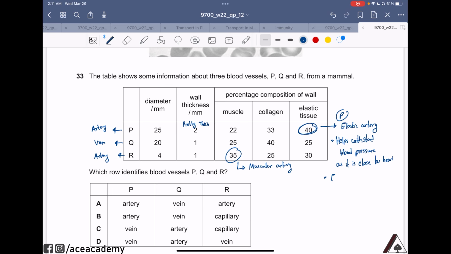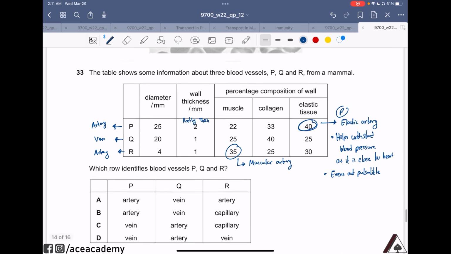Then it evens out pulsatile flow. It smooths out the flow of blood. It smooths out the pulses.